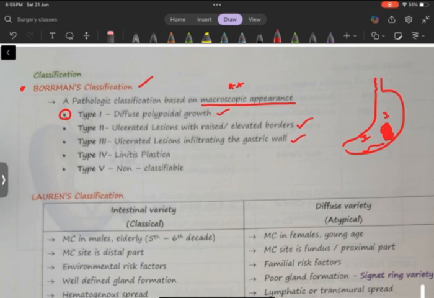Type 4 is linitis plastica, that is a leather bottle appearance. Type 5: if it is not among the four, then it is listed as type 5, non-classifiable. So based on macroscopic appearance, how it appears to the naked eye, Borrmann has classified the tumor.